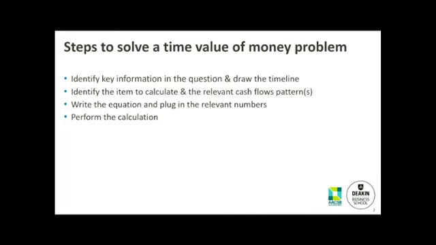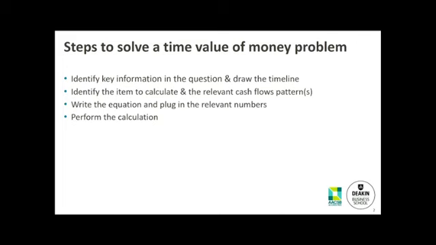Read your lecture slides, or in the exam find the formula, and write down the right equation. If you identify that the question is about the present value of an annuity due, then find the present value of annuity due equation, write it down, and then plug the numbers into the equation. And finally, perform the calculation. Does this make sense to you?